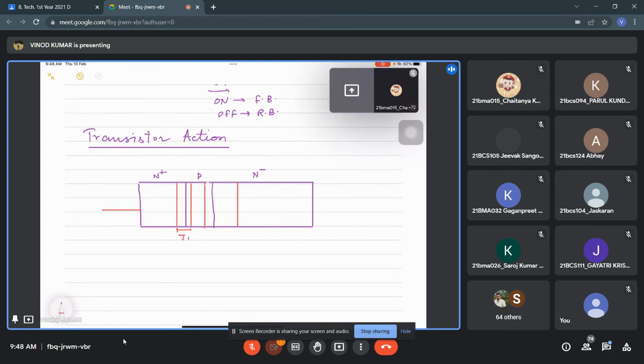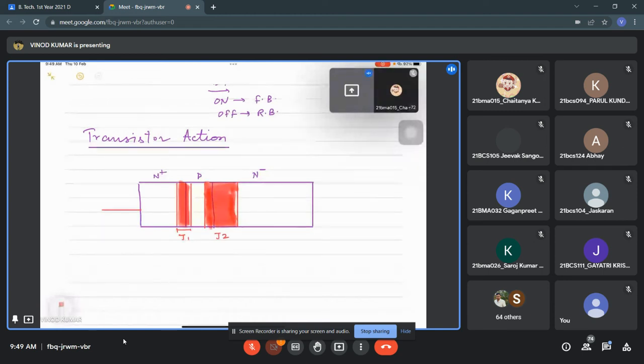This is junction J1 and this is junction J2. ये junction J2 है.